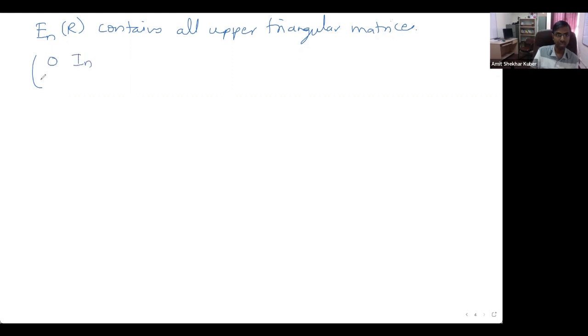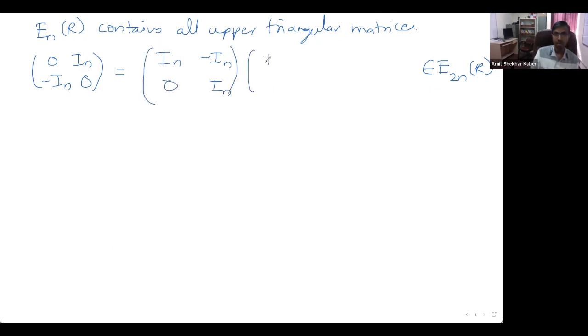So this matrix 0, IN, minus IN, 0 is in E2NR. Why is it in E2NR? Because we can write this as IN, minus IN, 0, then IN, 0.